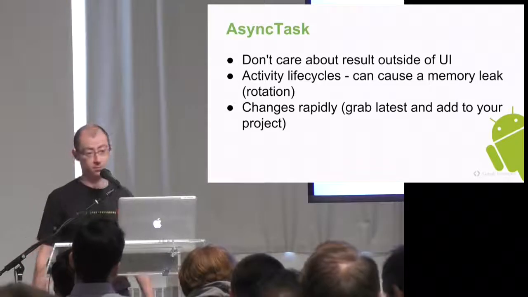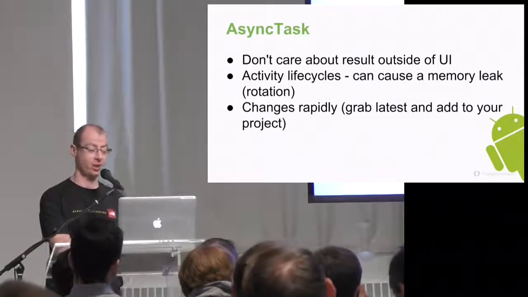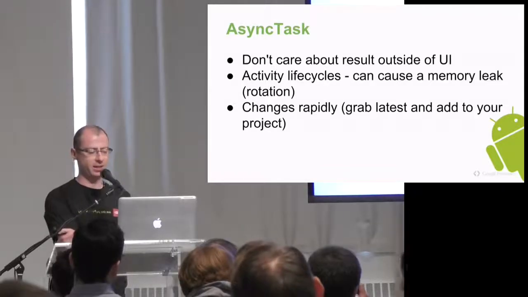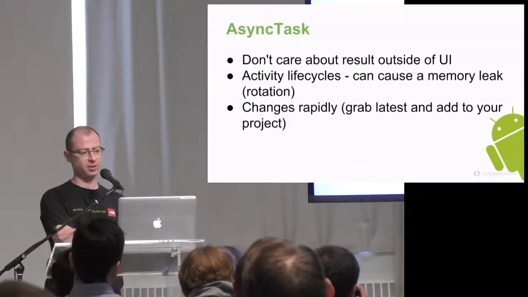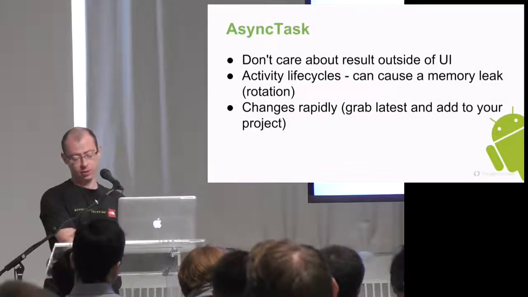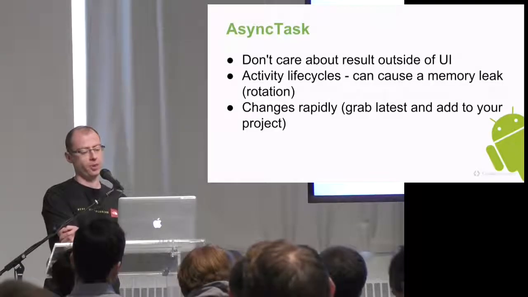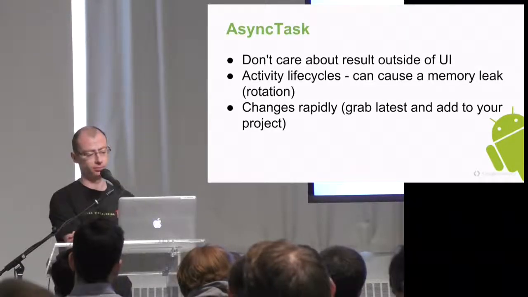Async task. This was my good friend, because it's tricky. Essentially, the async task is the solution if you have something that you don't care about the result outside of UI.